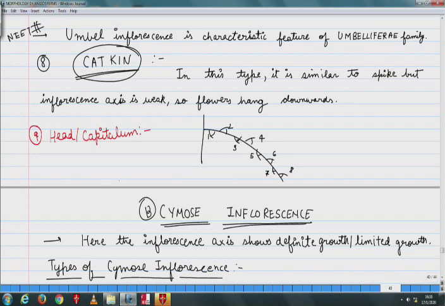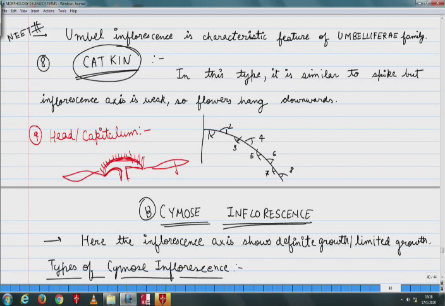Okay. In this type of inflorescence, the inflorescence axis is elongated, like this. It forms a cup or saucer shaped pattern like this. And on this, you have individual flowers which are called florets.